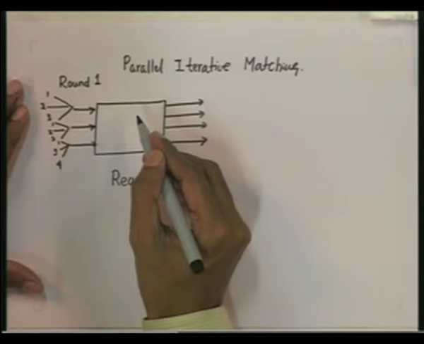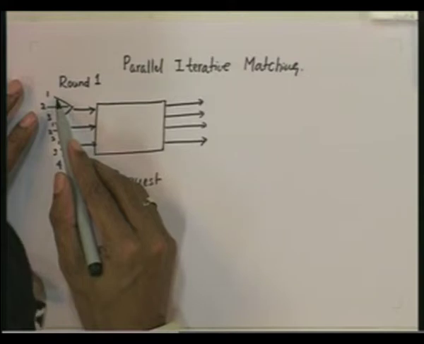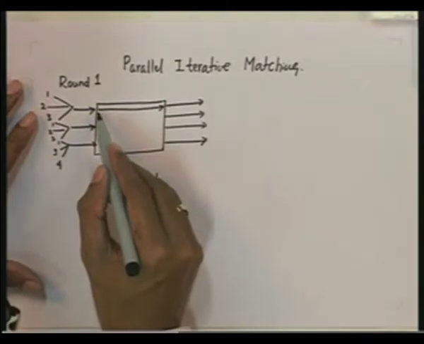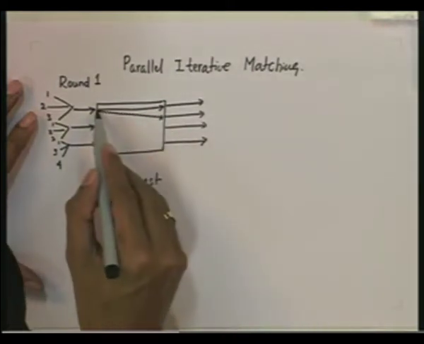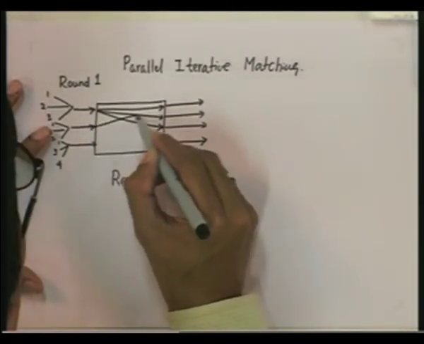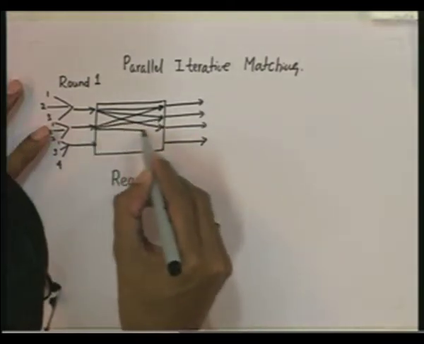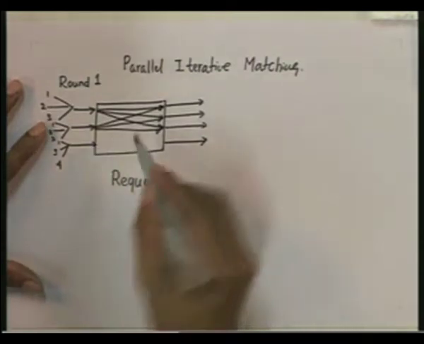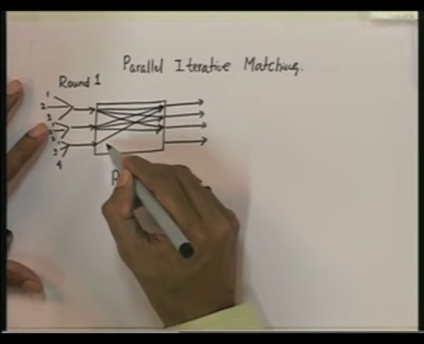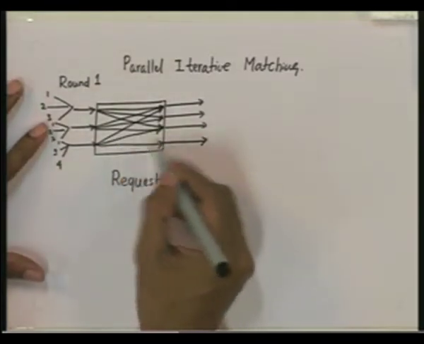This input port has packets to send to output port 1, output port 2 and output port 3, so it will send a request to output ports 1, 2 and 3. Similarly, this will also send a request to output ports 1, 2 and 3. This will send a request to output ports 1, 3 and 4. So, all these requests have been sent.